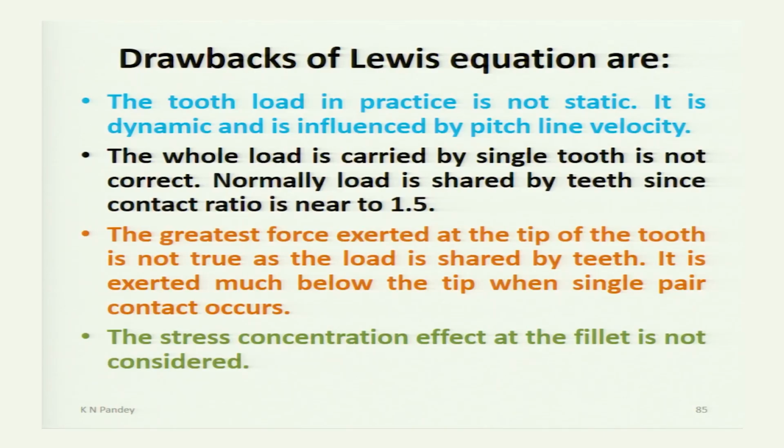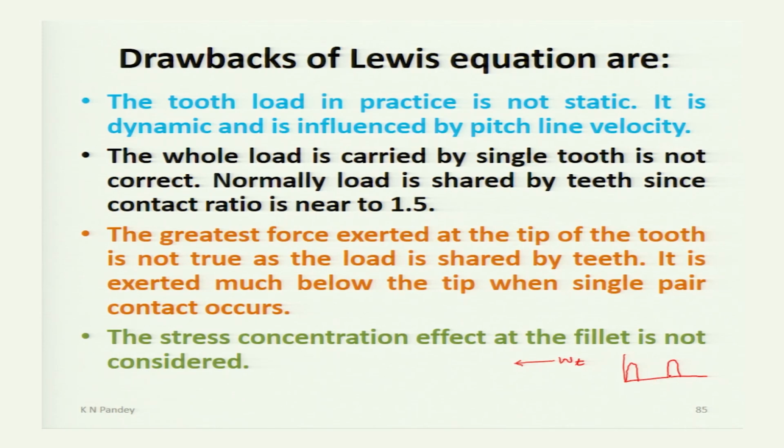Now, drawbacks of the Lewis equation. The tooth load in practice is not static, because we have seen that when a pair of teeth is in contact, a load Wt will be acting, but when the contact ceases, the load on the gear tooth will be 0. It means the load on the gear tooth is not constant, but is varying like this. During this time there is no engagement, and so the load on that particular gear tooth will be 0.